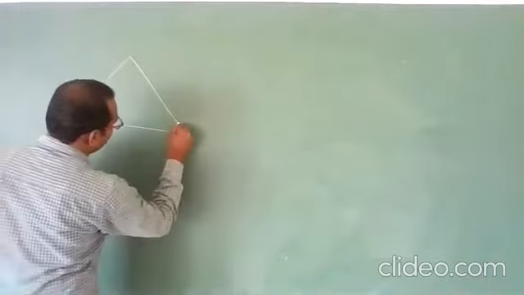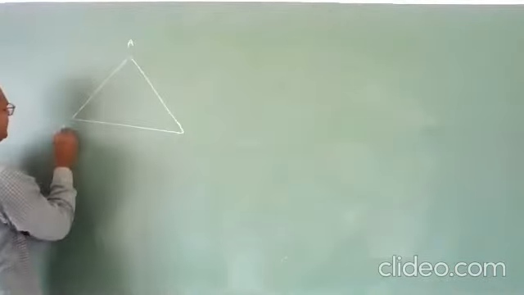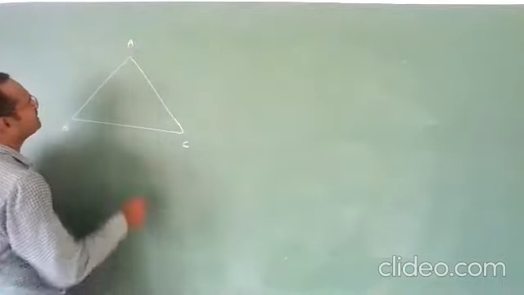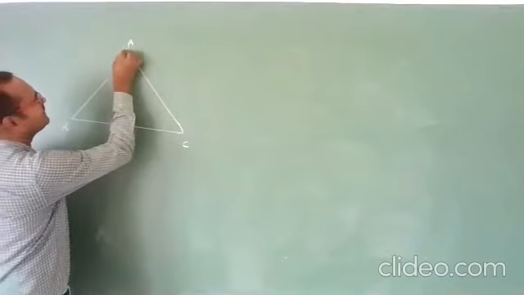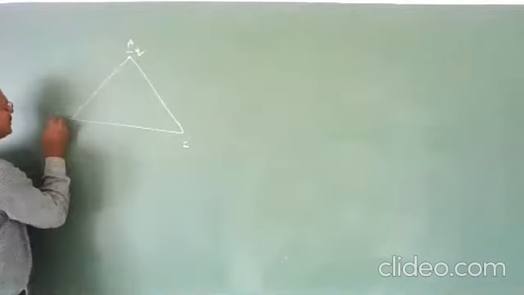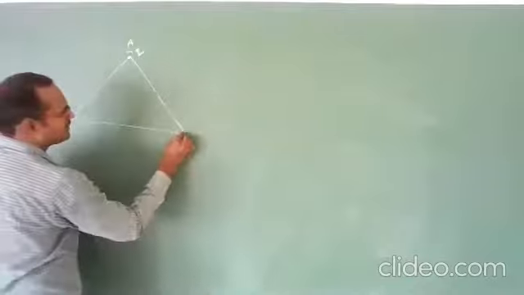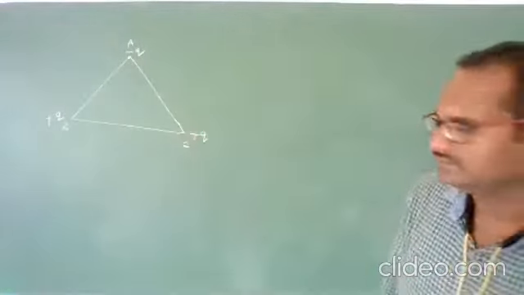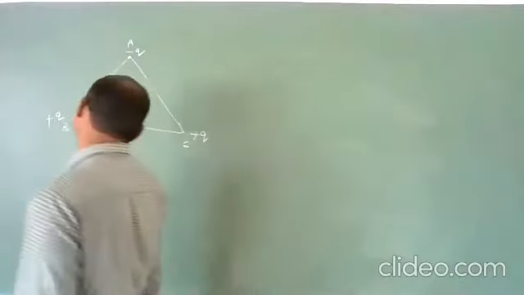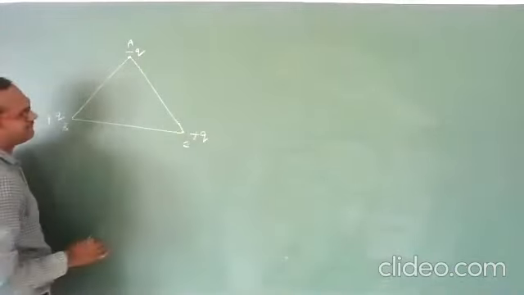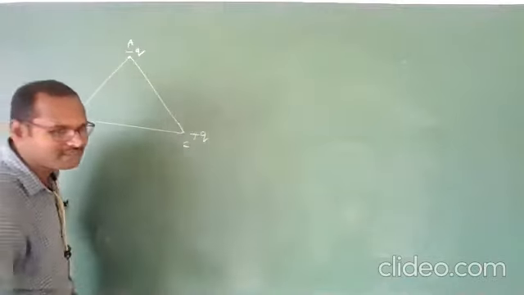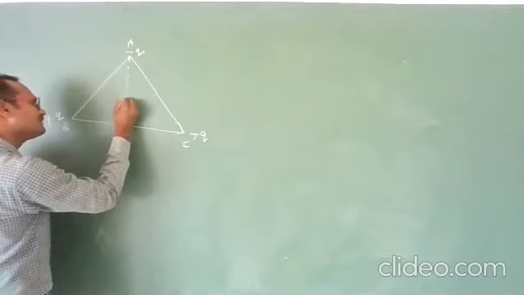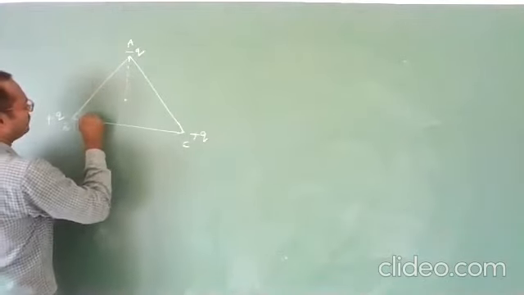Equilateral triangle with three corners A, B, C. Here the charge is minus Q, here plus Q, and here plus Q. Now they are not symmetrical. Different types of charges are there, but the magnitude I am taking the same. Let us suppose this is the centroid. Now these are the altitudes.